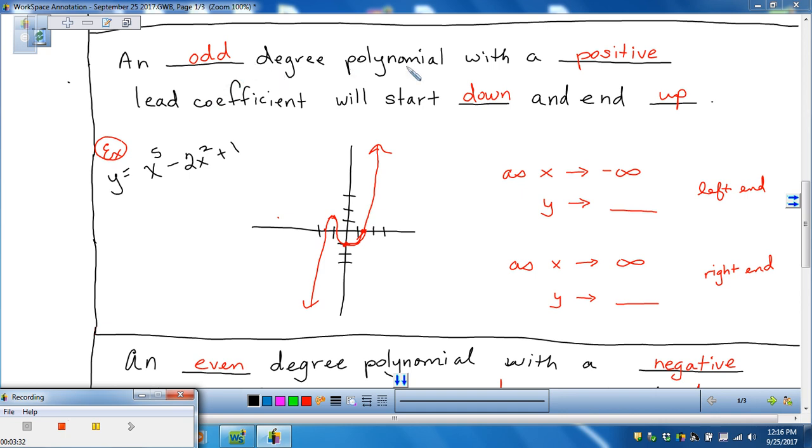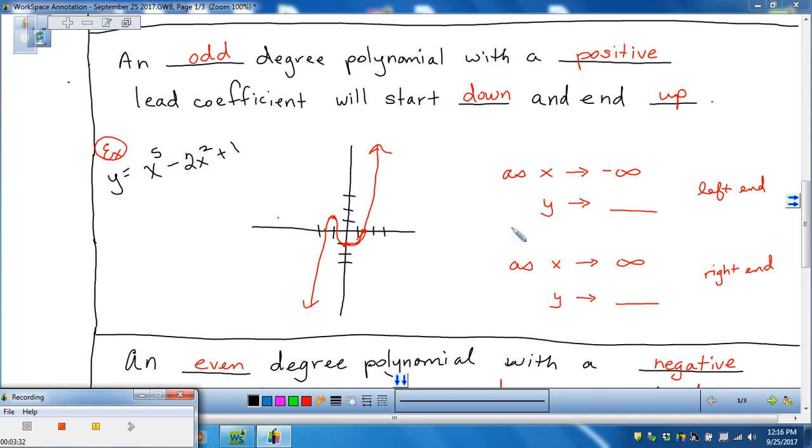So this is an odd degree polynomial. And you'll notice that its coefficient is positive. And that's the lead coefficient again. It's a positive 1. And so this one, I would expect, even before graphing it, that the left side of it would be going down and the right side of it would be going up. And remember, we always read a graph from left to right. So it's starting down and ending up.